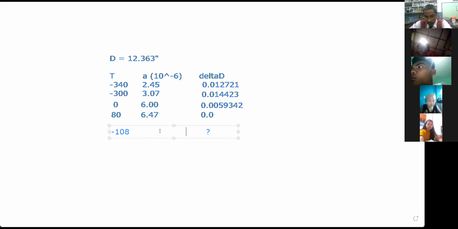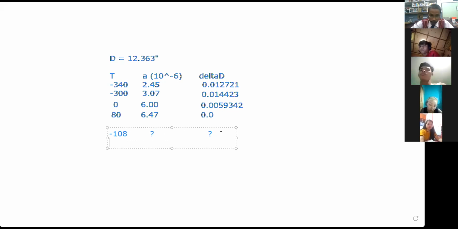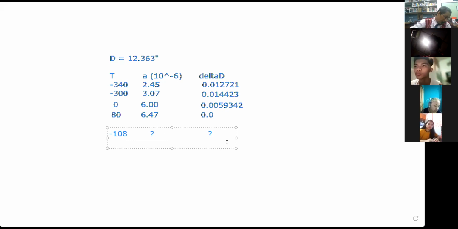We can easily solve this if we know this, but we don't know the thermal expansion. How can we calculate the delta? Find the two temperatures near to this temperature. What are those in our table? Those are negative 340 and negative 220, sir.